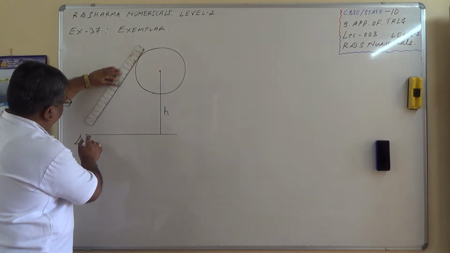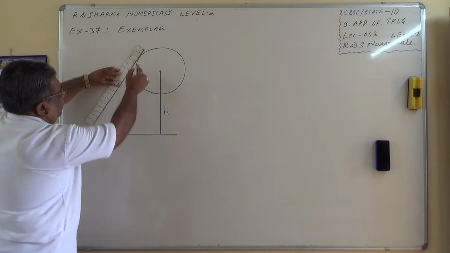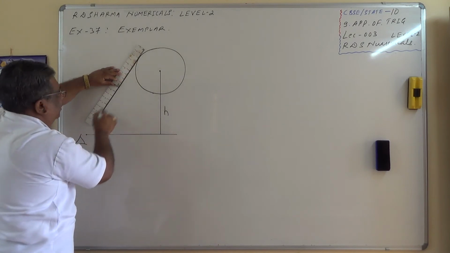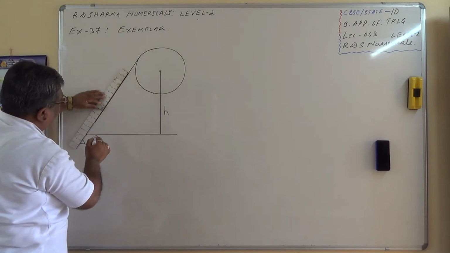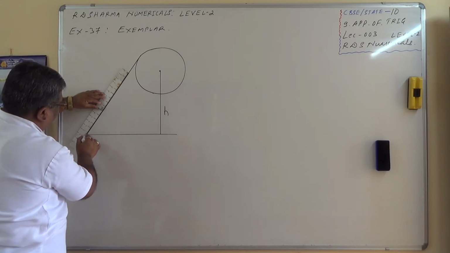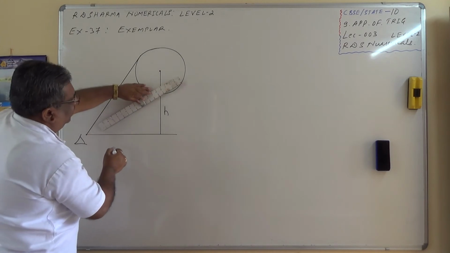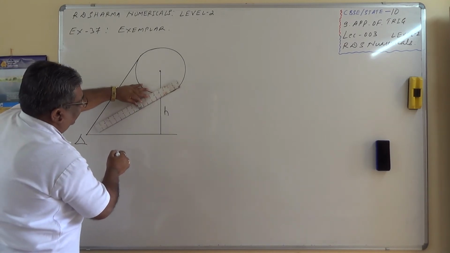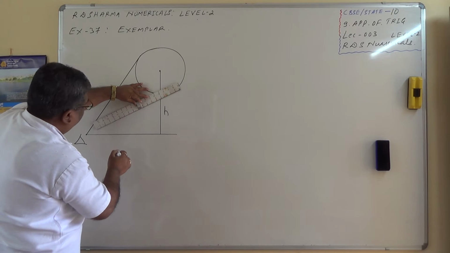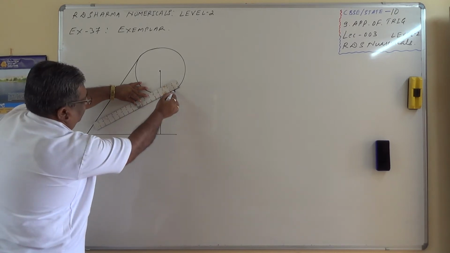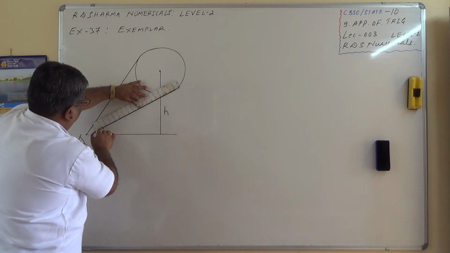The tangents I require, I hope I am drawing rightly. So this is one tangent to the circle and another tangent here. I need to adjust a little bit. I think I should be able to draw properly.